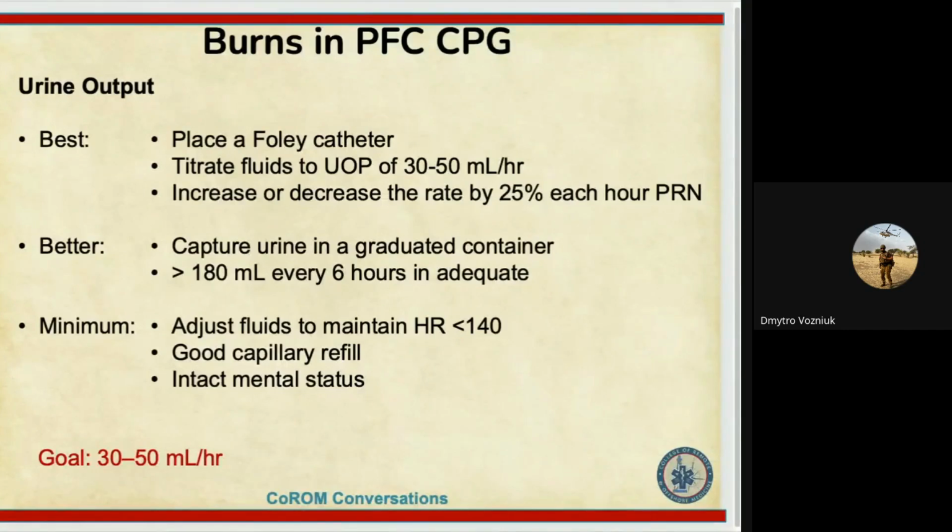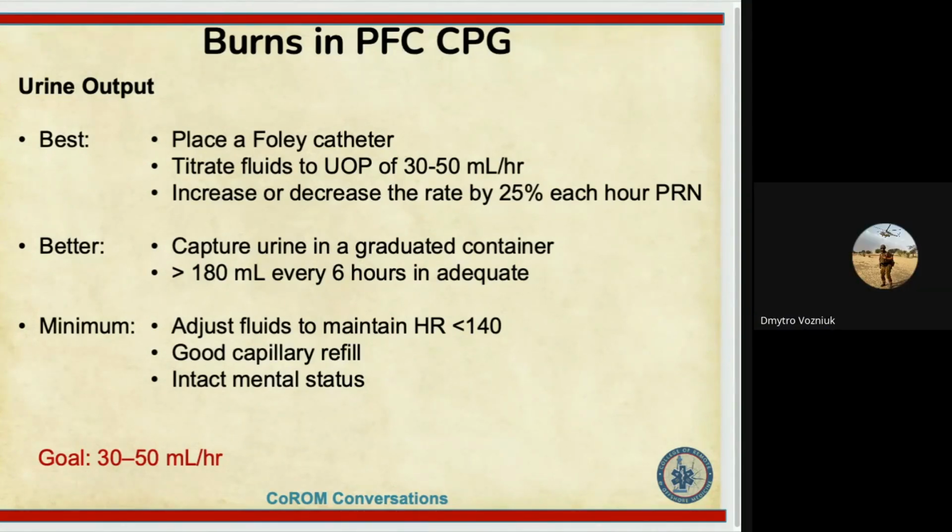And then recently, I found in Prolonged Field Care recommendations regarding sepsis management that urine output higher than 0.5 milliliter per kilogram per hour indicates over-resuscitation.